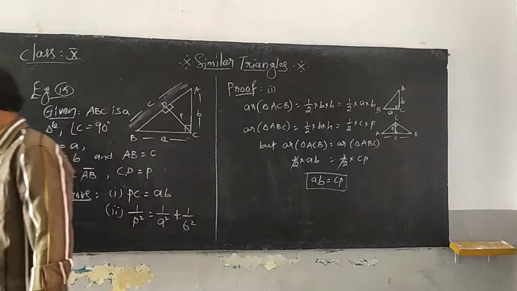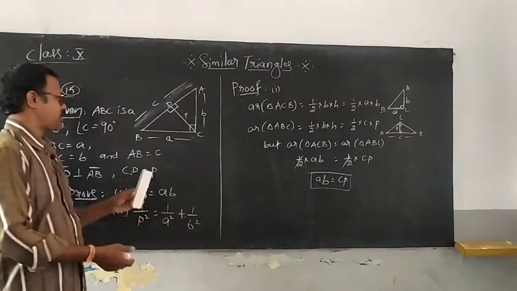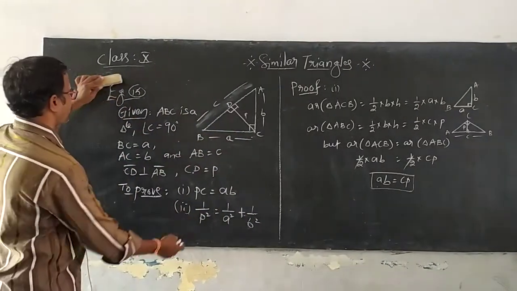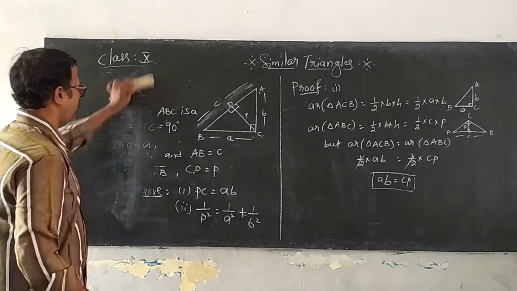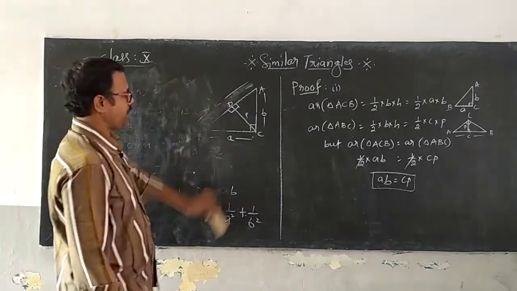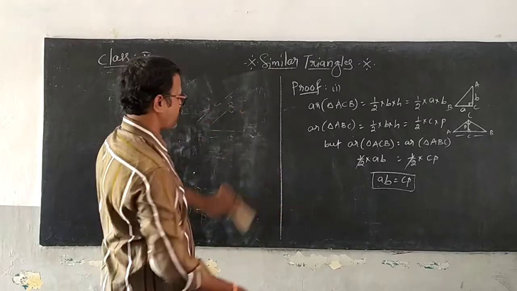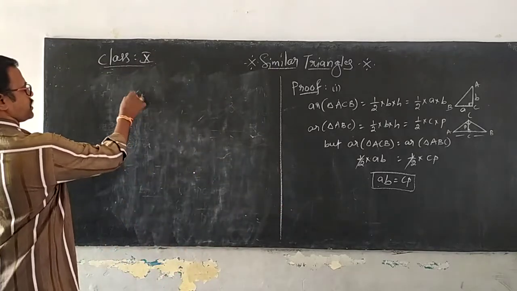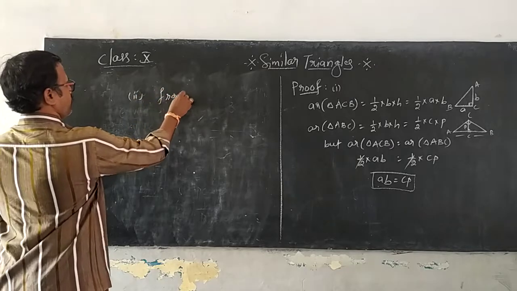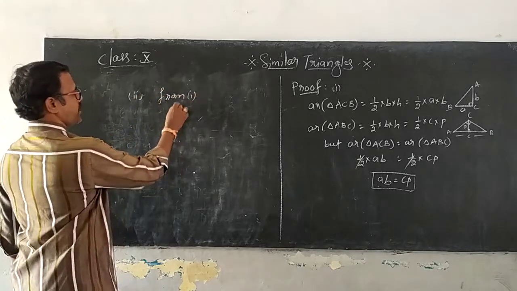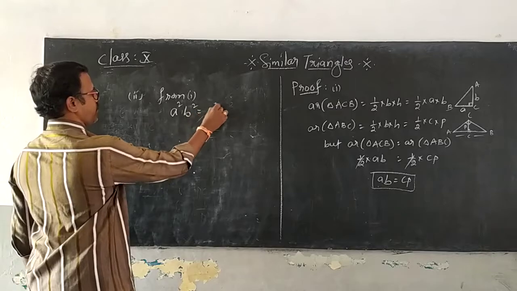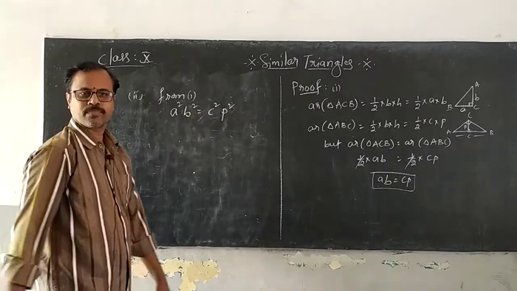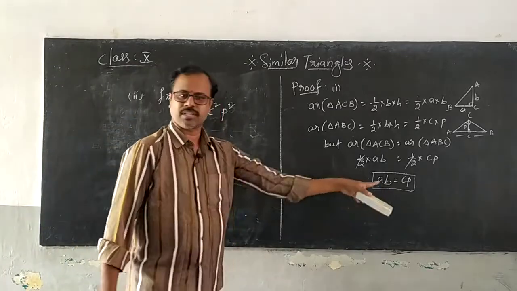In the same question, we have the second one, which is 1 by p square is equal to. For that purpose, I take equation 1, what we just proved. From 1, a square b square is equal to c square p square, so I square on both sides.